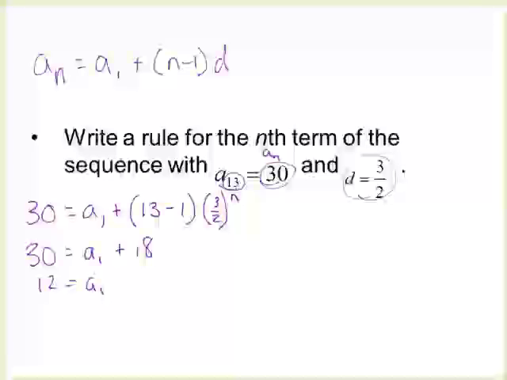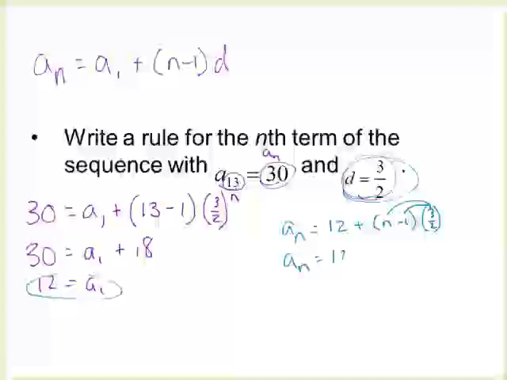But the directions didn't ask just for the first term, it asked for the rule. So now this problem becomes like the last one because we know our first term and we know our difference. So we can plug that in and find our rule like we did in the last problem. A sub 1, which is 12, plus n minus 1 times d, which is 3/2. Distribute that in.